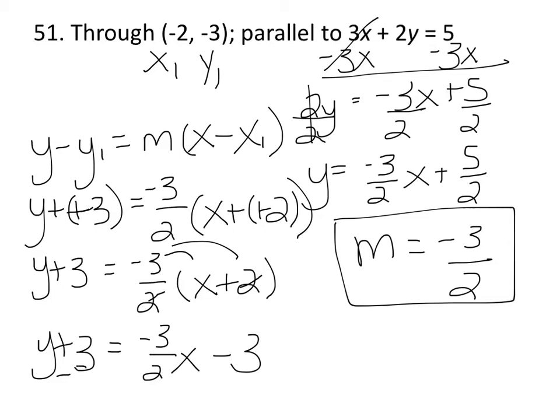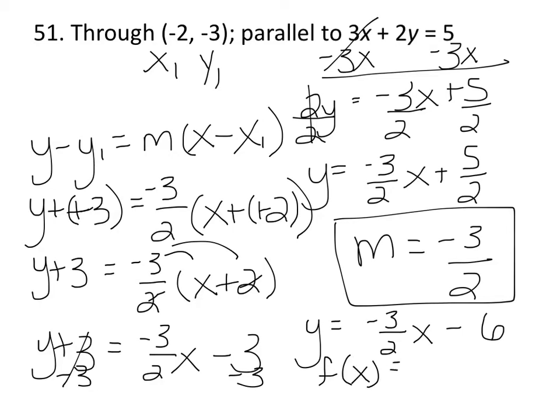So then I'm going to subtract 3 from both sides, giving me y is equal to -3/2 x minus 6. And then I'm going to change my y to f of x, giving me f of x is equal to -3/2 x minus 6.